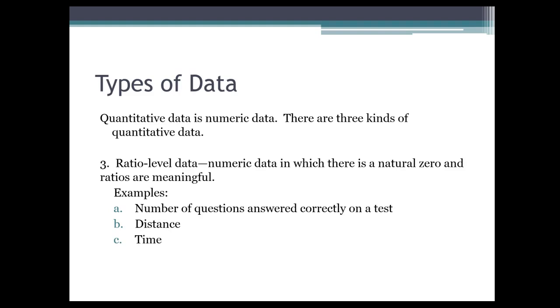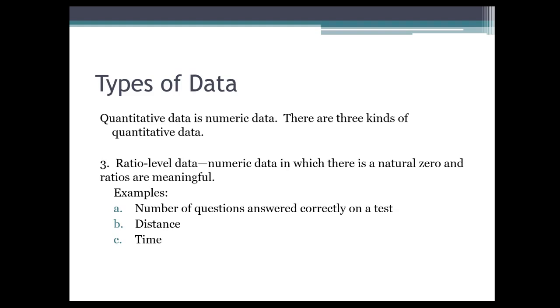Now let's talk about ratio data. Ratio data is numeric data, but there is a natural zero, and it does make sense to talk about ratios. So the number of questions somebody answered correctly on a test. If the value is 0, that actually means that they got no questions correct. And if somebody got, say, 10 questions correct, it does make sense to talk about that being twice as many as 5 questions correct.